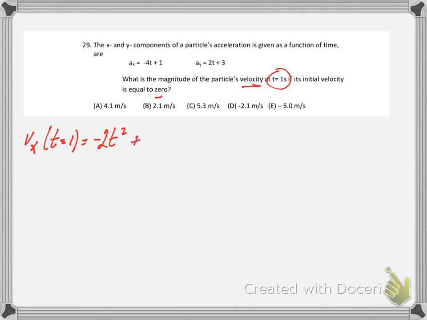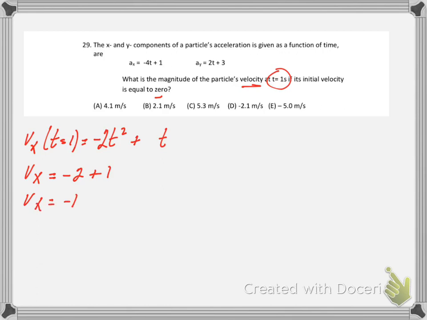And then increase the exponent and divide the coefficient by the new exponent. So now what we need to do is plug in t equals 1 in for t, and we're going to get -2 plus 1, so v in the x direction is -1.